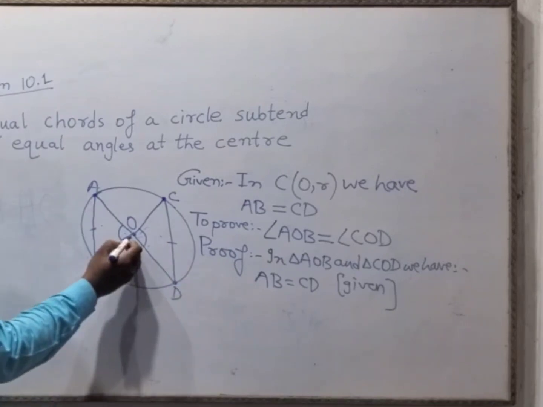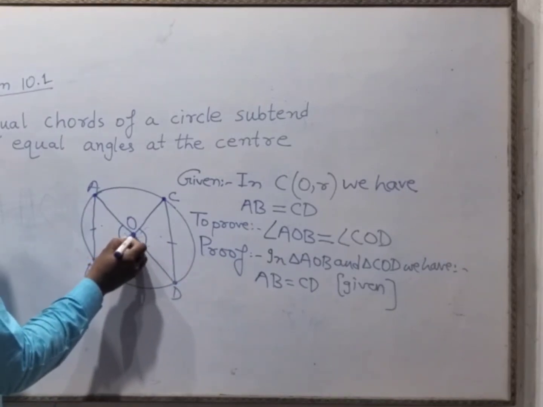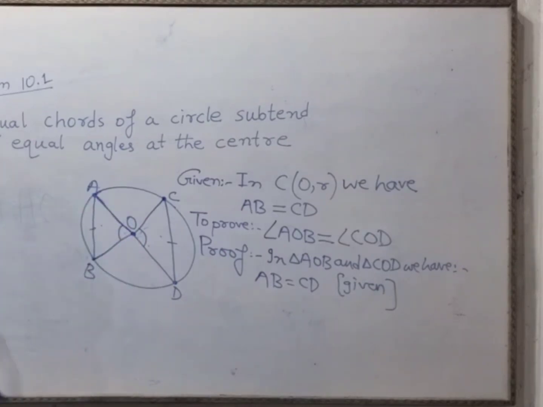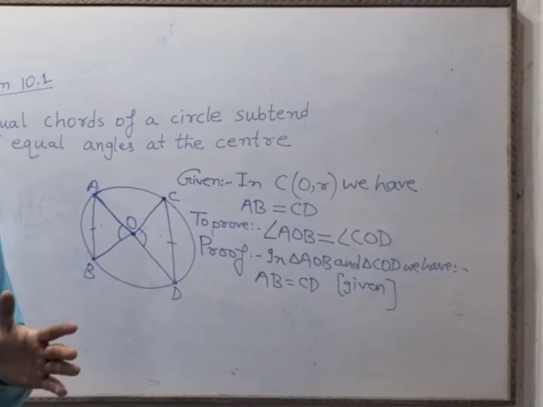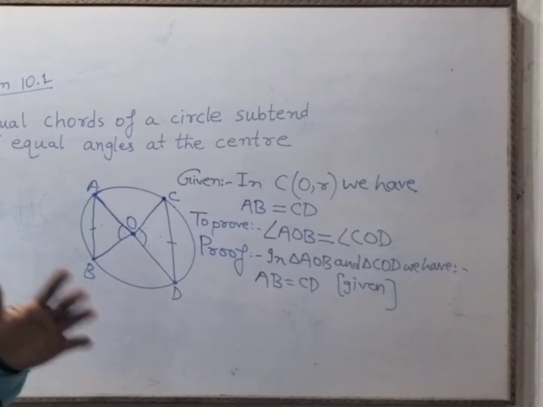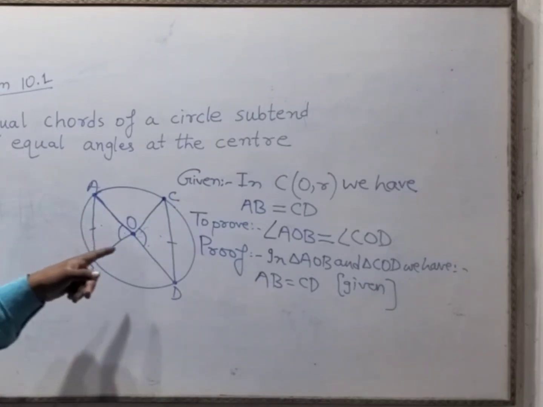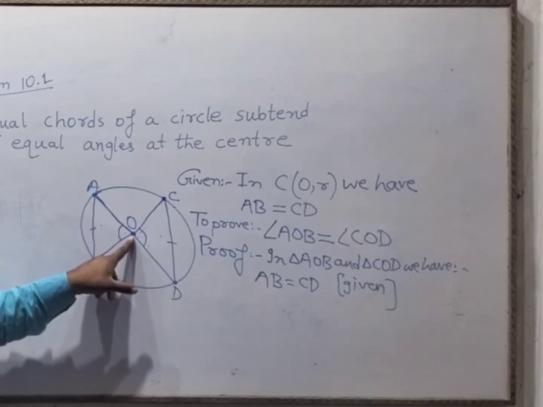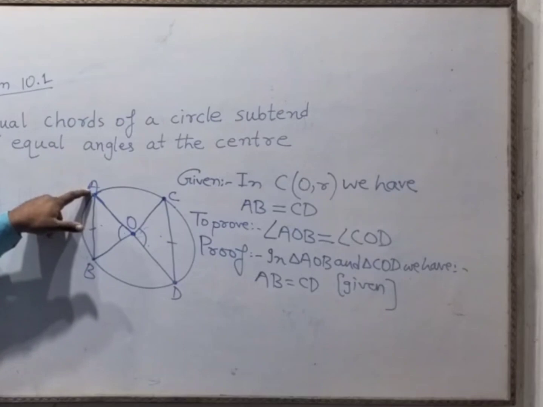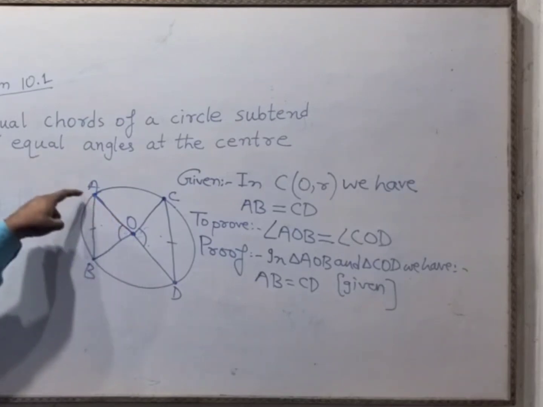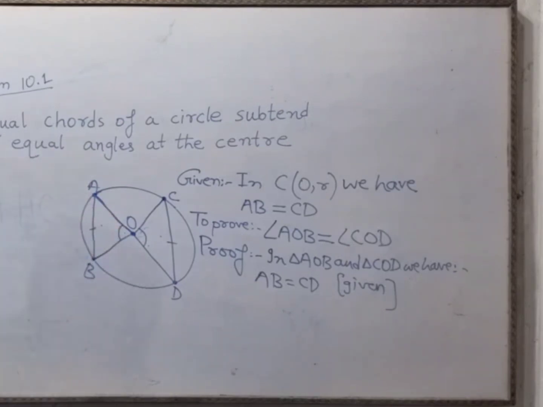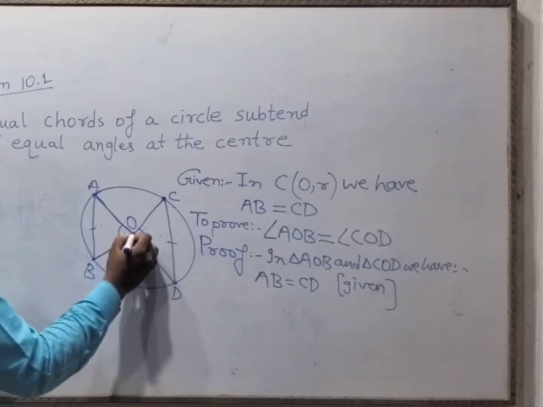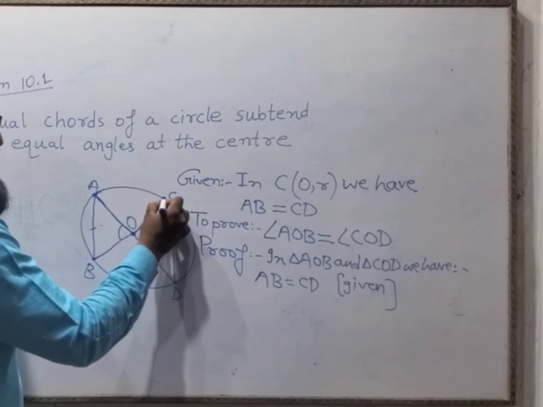Now see here. This line segment OA, I have already told you about the radius of a circle. What is the radius of the circle? If we join the center and any point on the circle, then the line segment so formed is called radius. So OA will be radius. And what about this line segment OC?